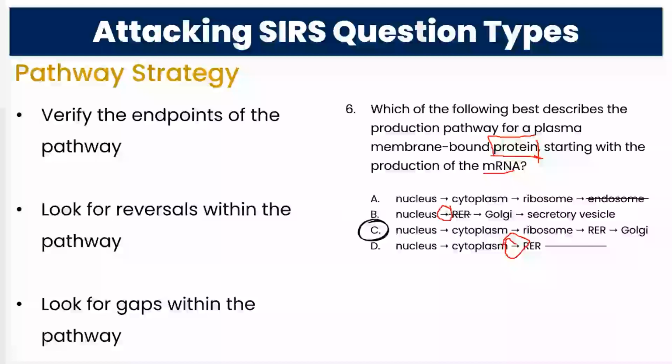Now one of the interesting things is Golgi, that's not the endpoint. But once it gets to the Golgi, it can continue on. So it doesn't have to be a perfect answer. It's just got to be better than the rest. We need those ribosomes to do some work there. So these are tricky questions sometimes because they leave out key things and you have to think about the entire process.